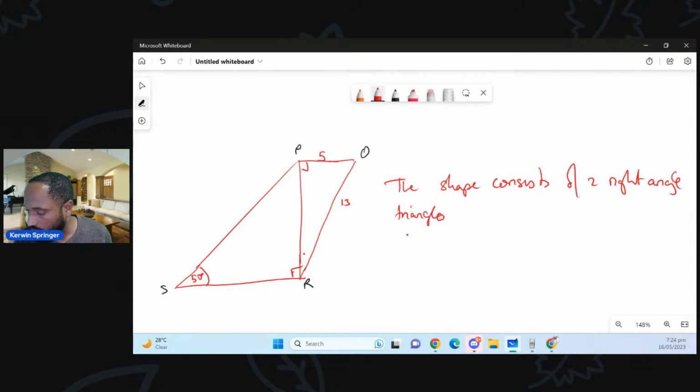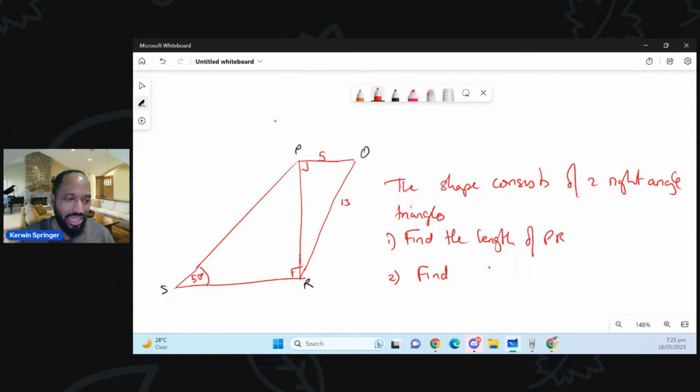They want you to find part 1, the length of PR, and then find the length of PS. They might embellish the question a little more, and say there's somebody's yard and PS is a walkway. But at the end of the day, find the length of PS. So this one might be for 1 mark, 2 marks if so much, and this one here for 2 marks.